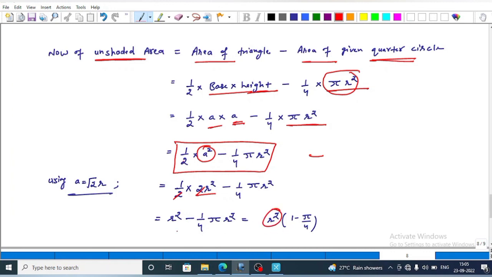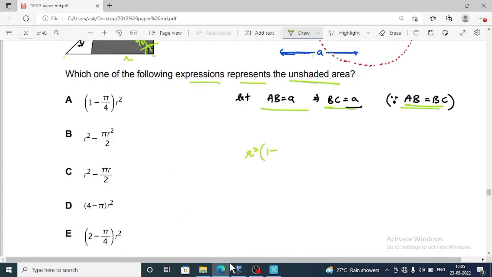This implies that 1 minus pi upon 4, times r square. This result is incorrect, this also incorrect, this incorrect, this incorrect, and this matches with our result, that is, option A is correct and options B, C, D, E are incorrect.